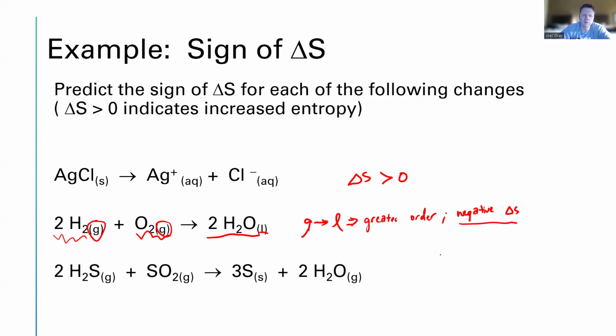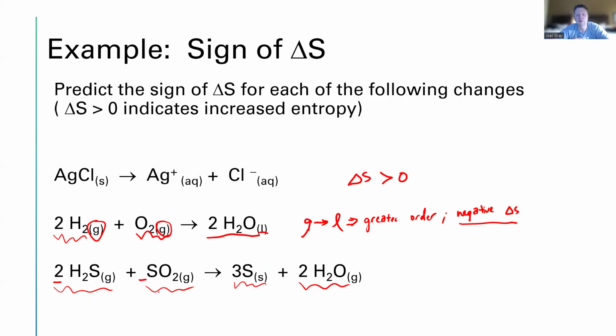Now our last one, let's see how complicated this is. 2 moles of H2S plus 1 mole of SO2 is going to produce 2 moles of H2O gas and 3 moles of sulfur. Okay, so let's think about this. I'm going to look at this as 2 and then 1.